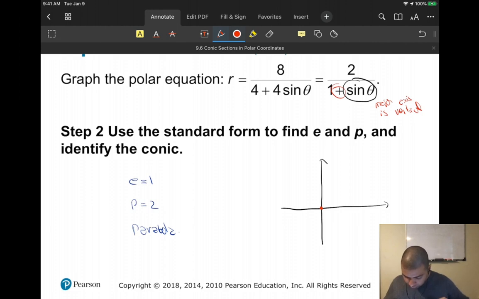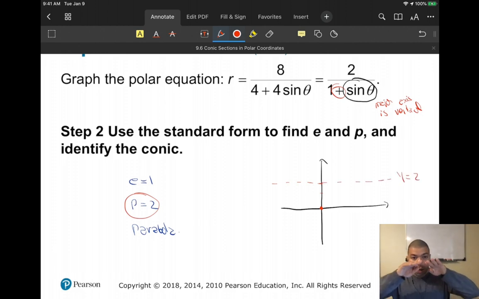And then the directrix is 2 units up. So this is the directrix. y equals 2 is the directrix. So that means my parabola is like this, always moving away from my directrix. So that's how my parabola looks.